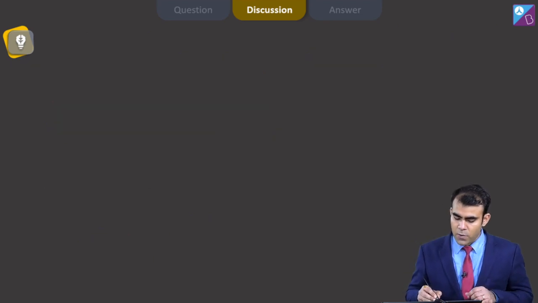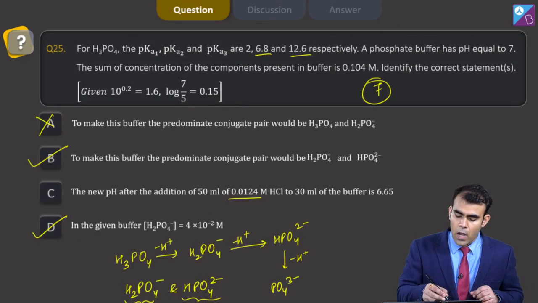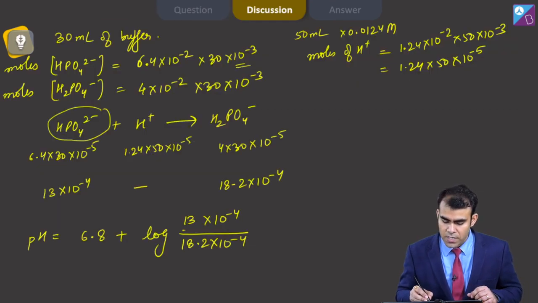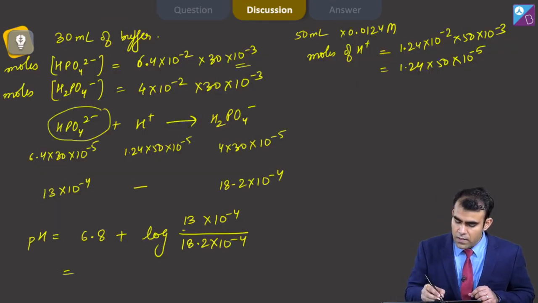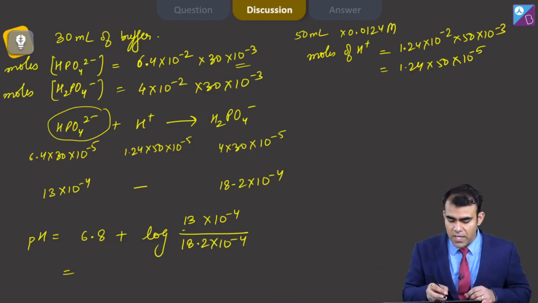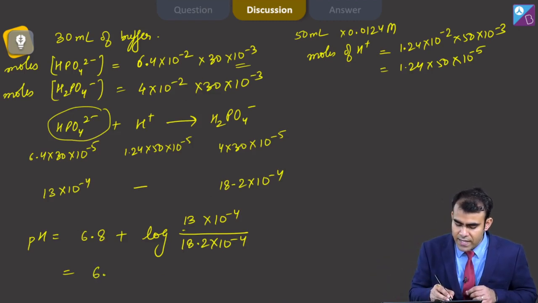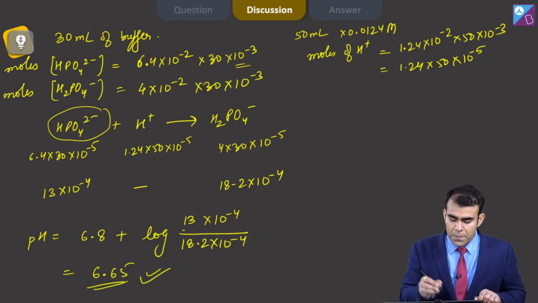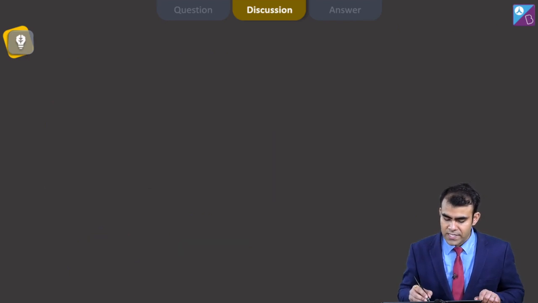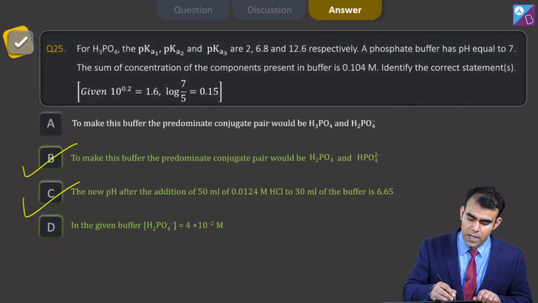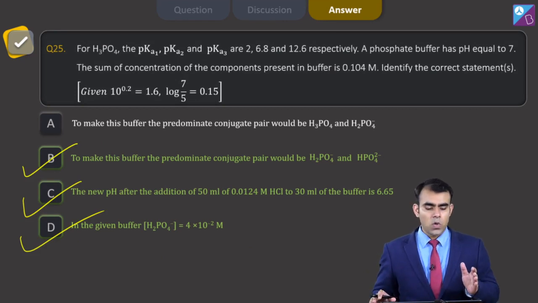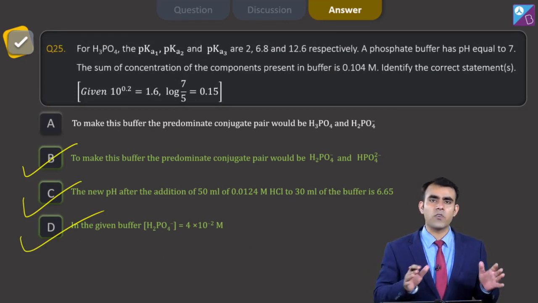You can see from here that we have been given the log 7 by 5 value, that is 0.15, and if I put it here, then we have the reverse of that, and on solving we get 6.65 because this term will get subtracted with the minus sign. So the new pH is 6.65. So the correct statements are B, C and D. So this is how we solve question number 25.